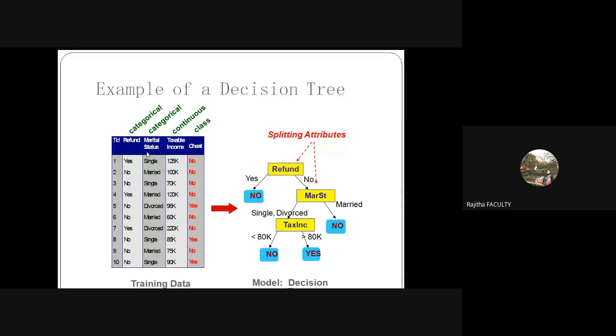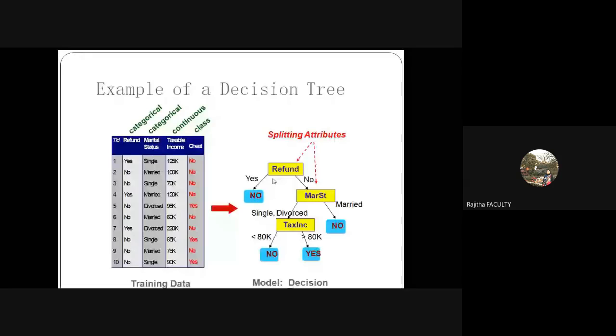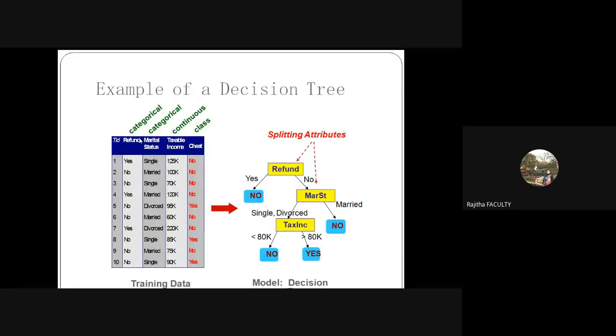So I have certain rules, like if refund is yes, then the class is always no. If you observe, this is my refund column. Whenever the refund is yes, the classification column is no.